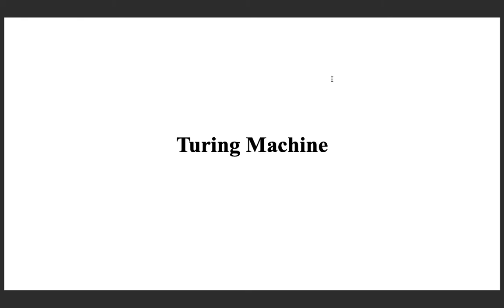So after recalling the three different classes of automata that we have learned, now we are going to discuss the next class of automata. The name is Turing machine because it was proposed by Alan Turing.